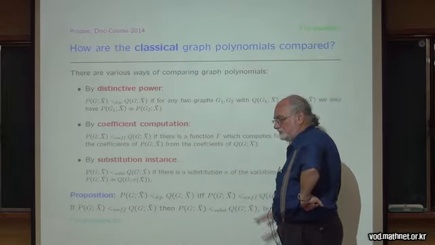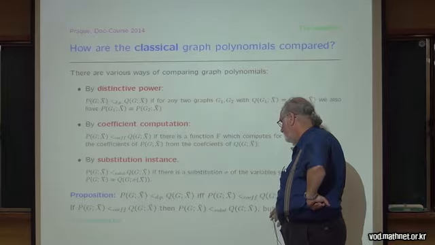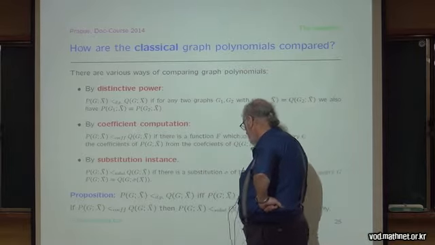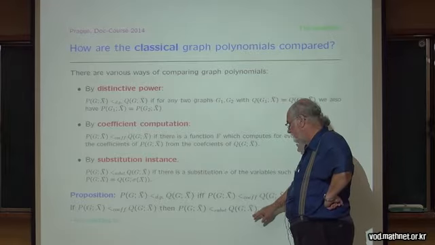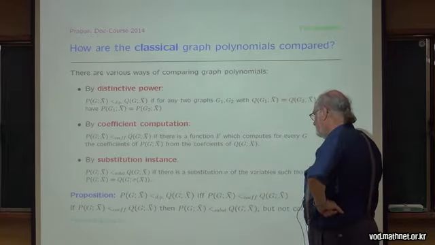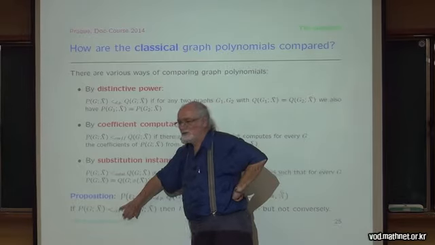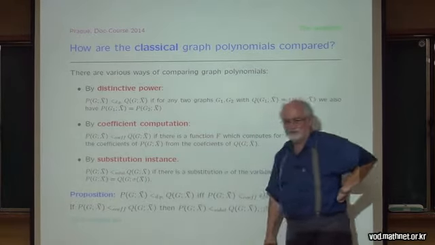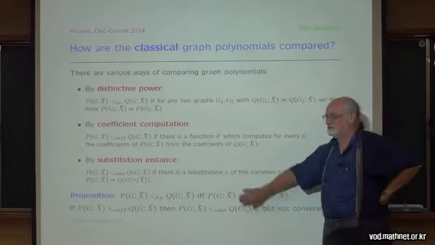But the next one, if P is less than Q by coefficients computation, then isn't it the other way around? It's the other way around. You're right. Yeah, sure. Correct. Another mischief of my devil. Okay, yes, it's the other way around.